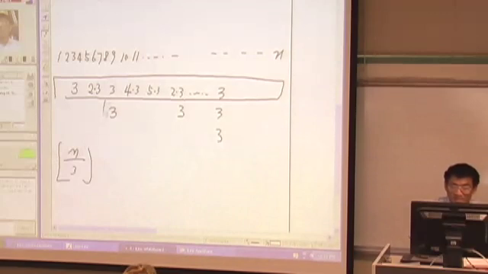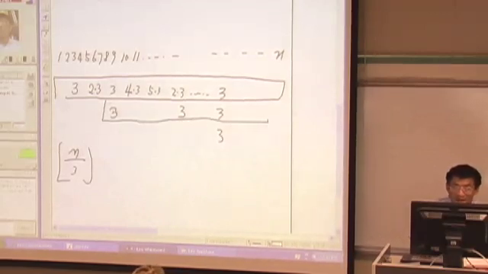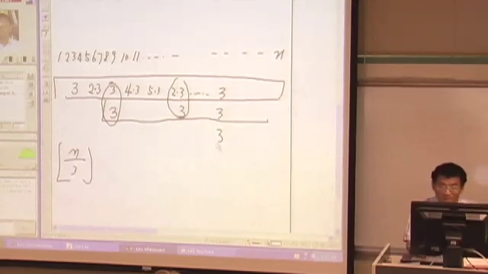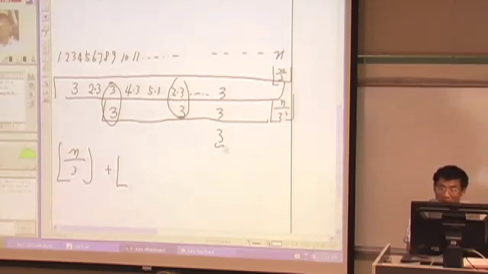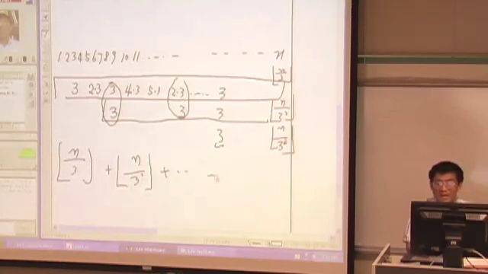When we reach 9, then 9 times 2, 9 times 3, and so on. So the first level has N over 3, the second layer has N over 3 squared, and the third layer has N over 3 cubed. This is the reason why we get these many 3s.